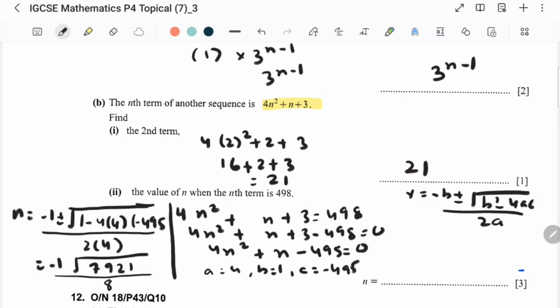You just do minus 1 plus square root 7921 divided by 8, and minus 1 minus square root 7921 divided by 8. So you will be getting 11 as the positive answer and minus 45 upon 4 as the negative answer. So 11 is the term, and the term cannot be negative or a fraction.